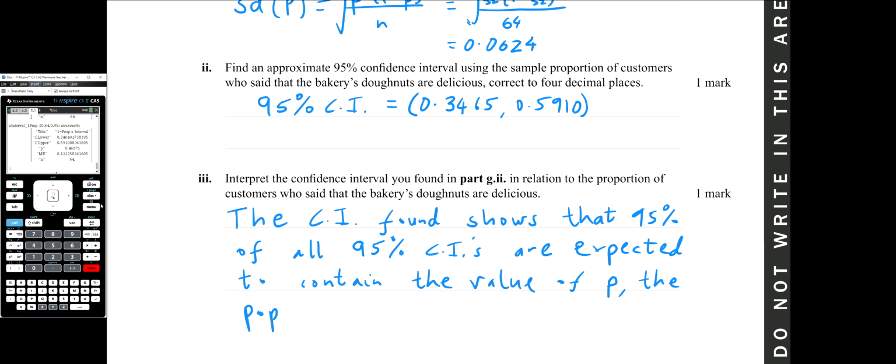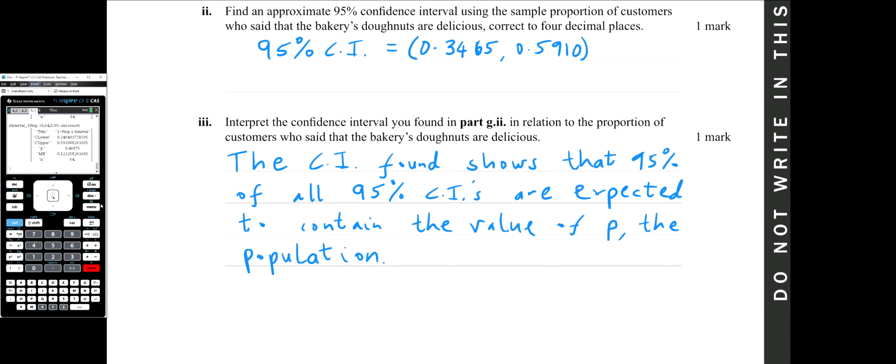So basically what we did was we calculated this 95% confidence interval for one specific sample, and then you take more samples and you keep calculating confidence intervals. You'd expect 95% of those confidence intervals to contain the actual true value of P. Okay, so that's one way to answer the question.